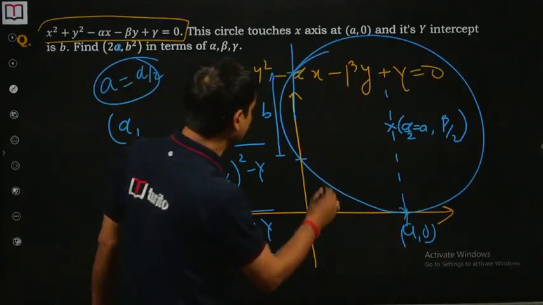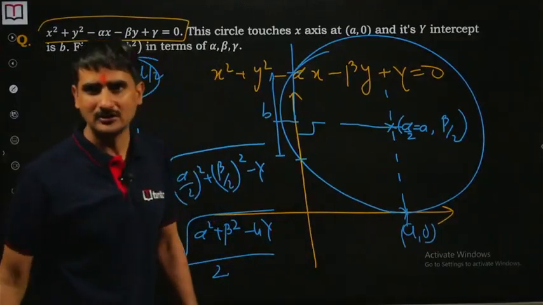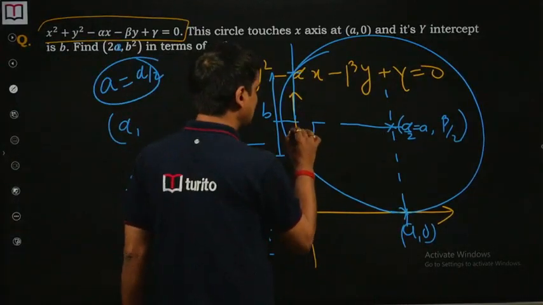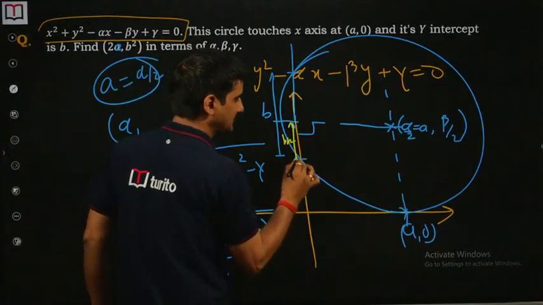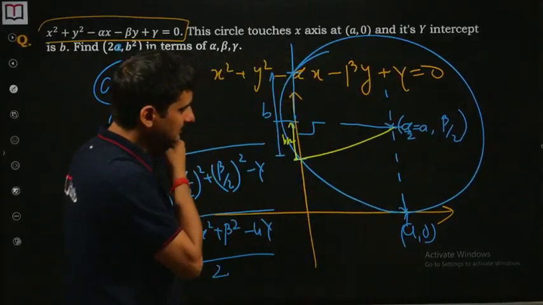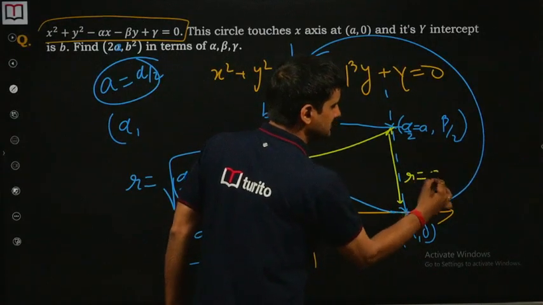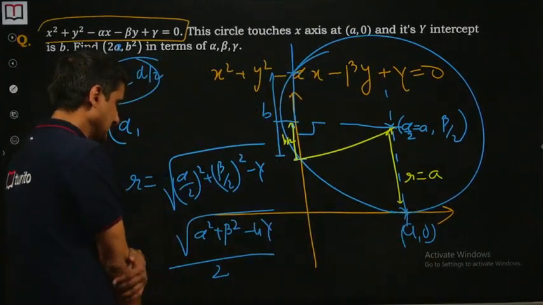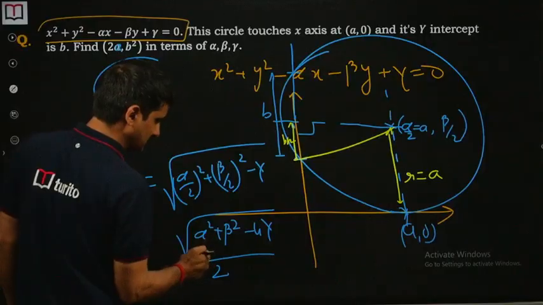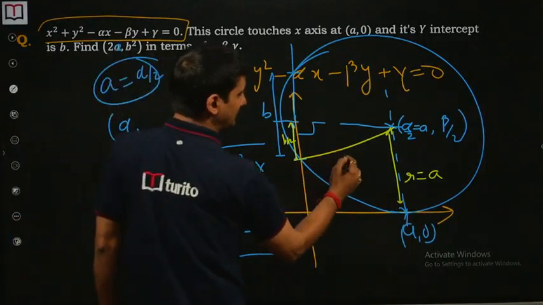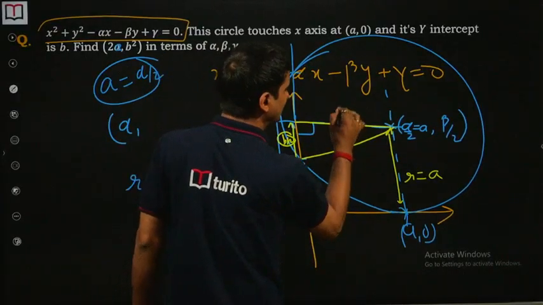Now, why am I asking it? Because see, if I draw a perpendicular from the center to the chord, it bisects the chord. So this length is nothing but b by 2 here, and that's the radius. One more thing, isn't that also the radius, which is a? So we have one more relation here. Alpha by 2 is a, so we can replace it with a. So this is a, this is b by 2, and this is beta by 2.